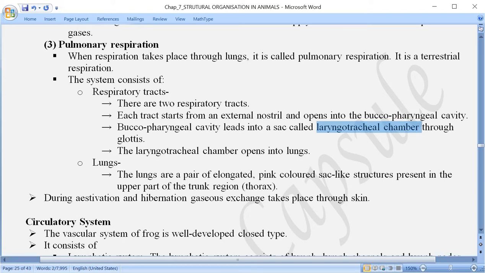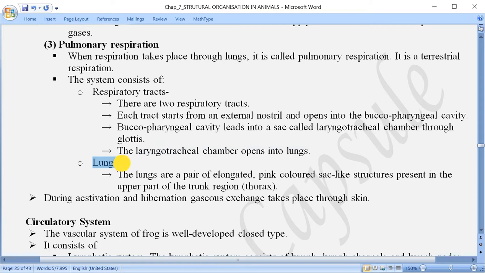Finally, from the laryngotracheal chamber the air enters the lungs where the gaseous exchange takes place. The oxygen diffuses into the blood capillaries, and carbon dioxide diffuses out from the blood capillaries, which is exhaled, released outside the body.